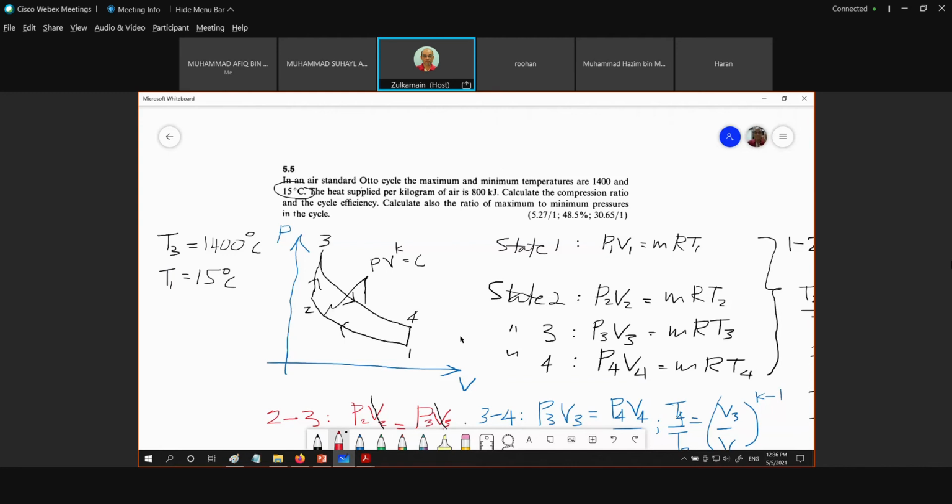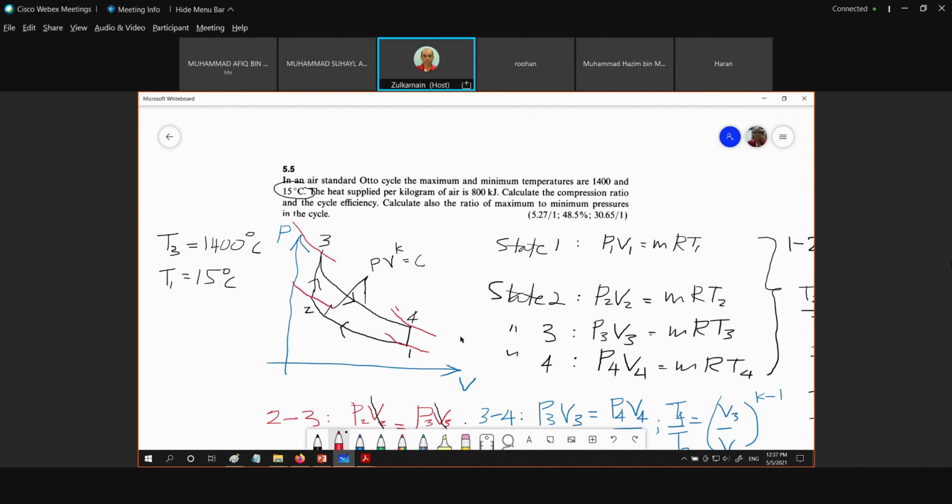This is the temperature profile of 3, this is the temperature profile of 4, this is the temperature profile of 1, and this is the temperature profile of 2. So you can see that the temperature profile line is lowest when it's going down. Comparing 3 and 2, and comparing 4 and 1, the temperature profile of 1 is the lowest. So that means T1 is the minimum temperature.